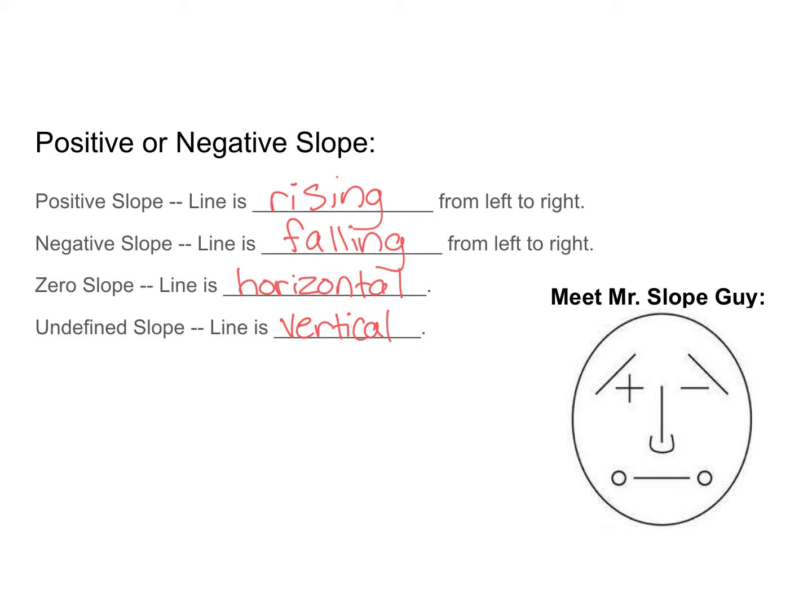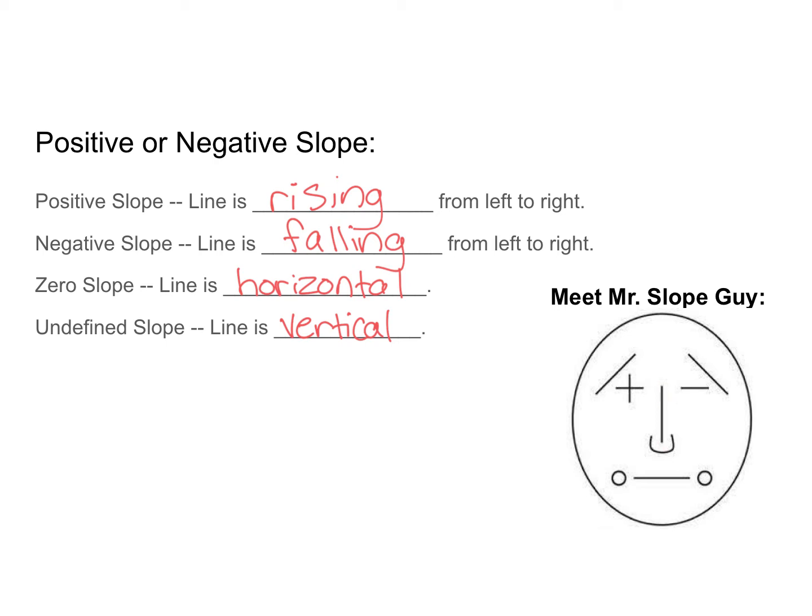So I have Mr. Slope Guy over here, and he can be kind of helpful in reminding you of what the different types of lines look like. A line that's going to have a positive slope will go up like this, like his left eyebrow. A line with a negative slope is going to go down like this, like his right eyebrow. A line with 0 slope will be like his mouth, and his dimples are the zeros.